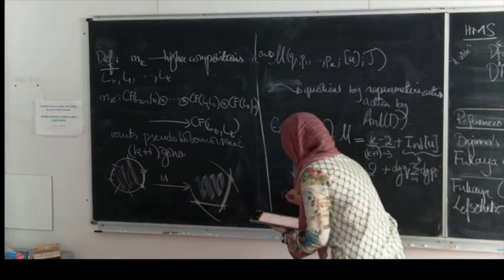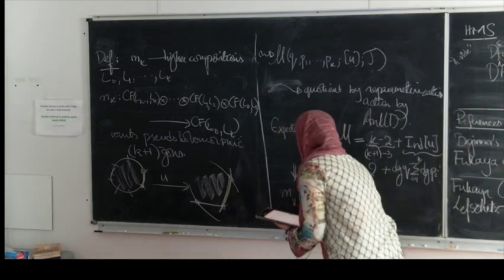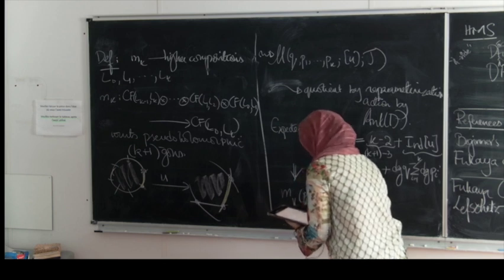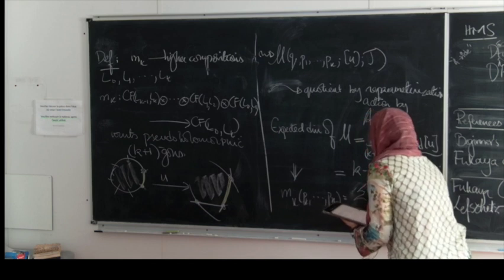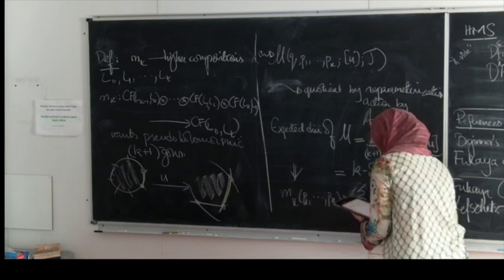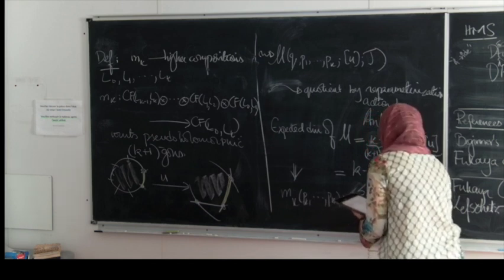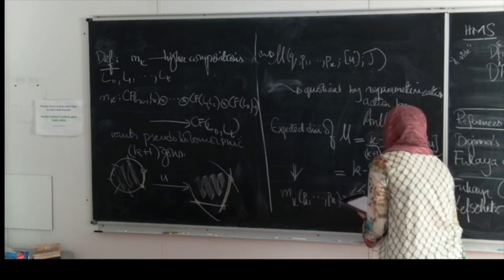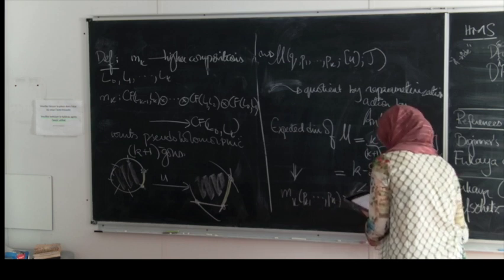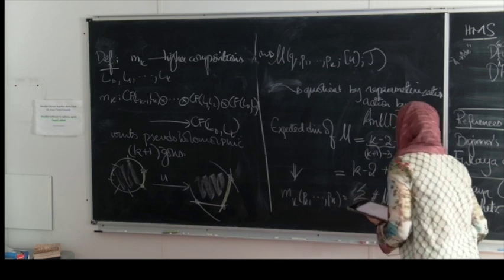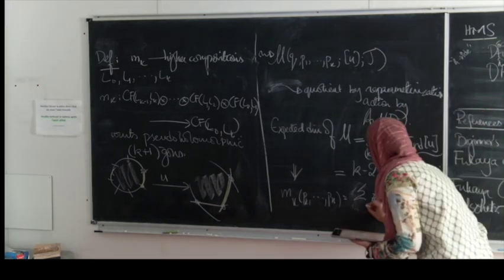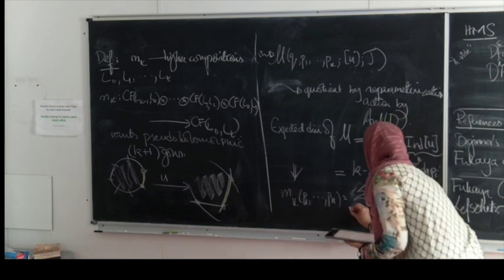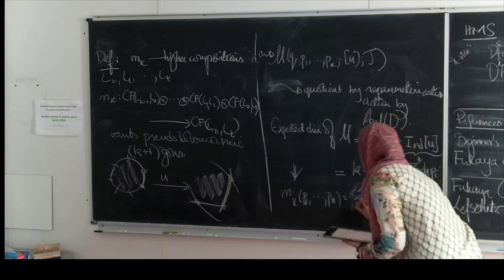Okay, so m_k is defined to be the sum of the number of these, p_1 through p_k, times the output q. Where this u, of course, is very important to write.